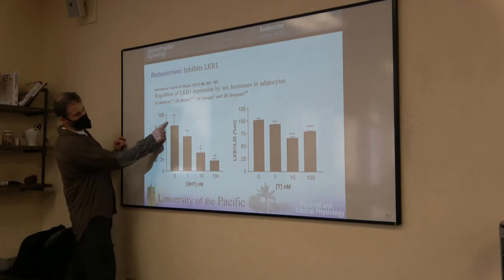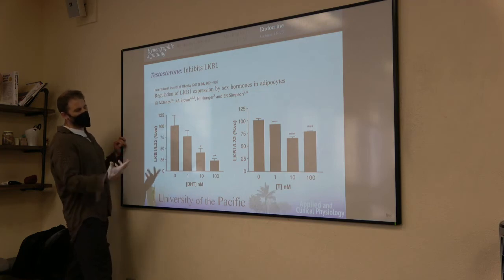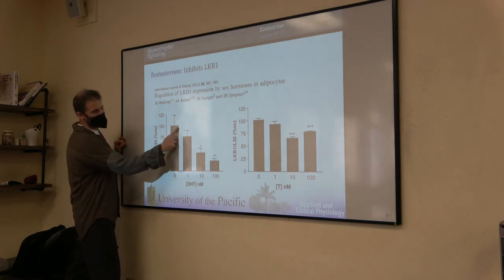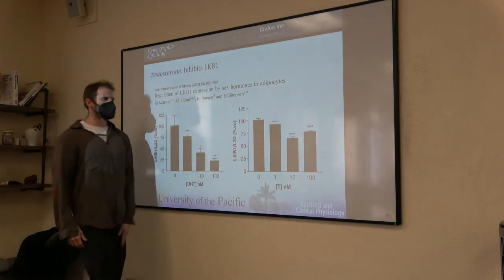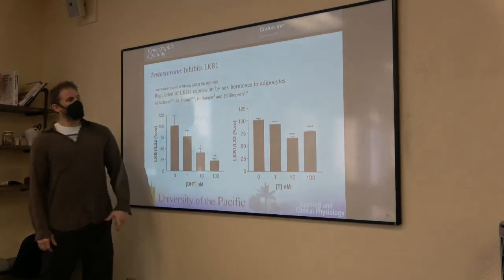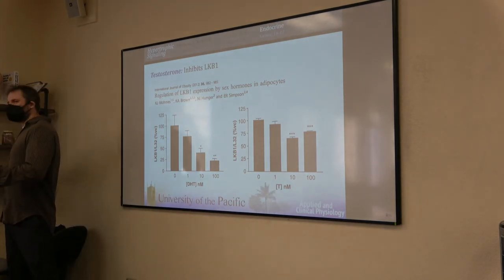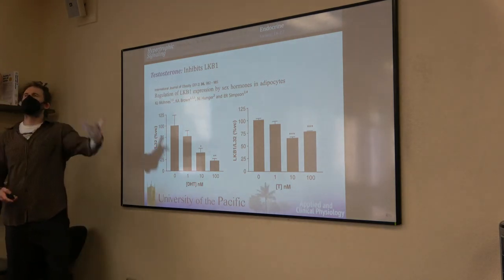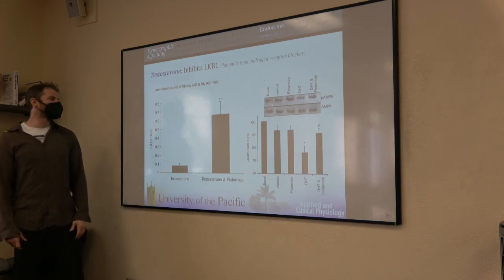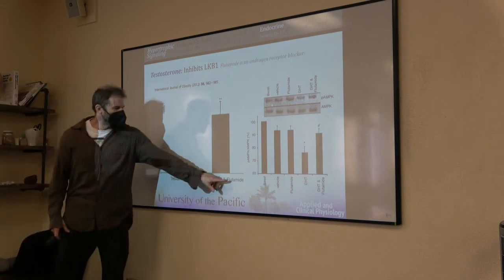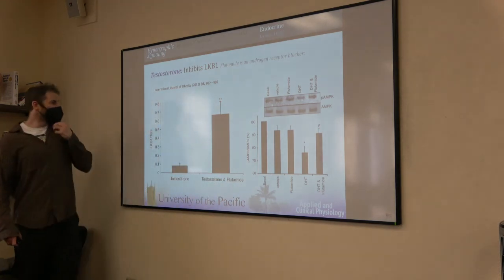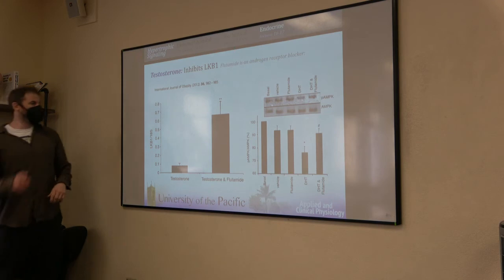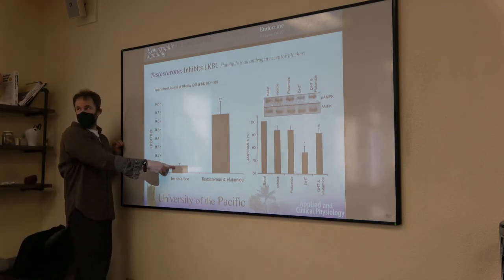And so LKB1, with more and more dihydrotestosterone, we're getting less and less. There's regular testosterone. As you increase the dose, you get a dose response. A larger dose corresponds to a more pronounced effect. This is an androgen receptor blocker, an inhibitor. And if you're looking at LKB1, here's how much LKB1 active with testosterone.